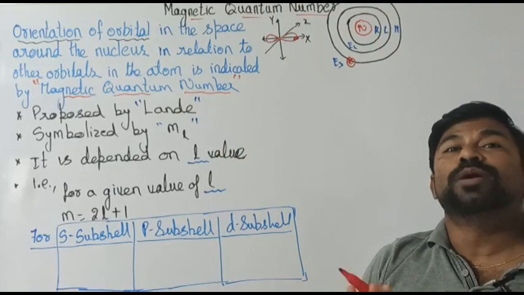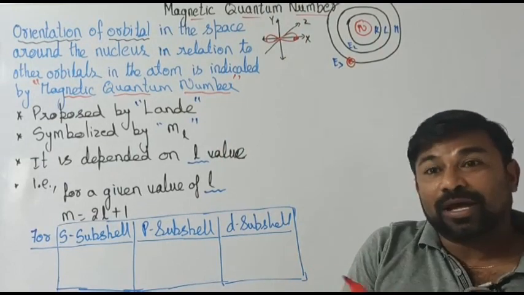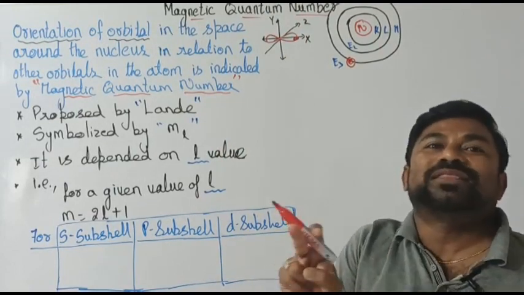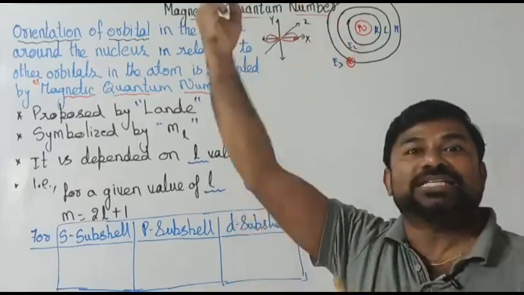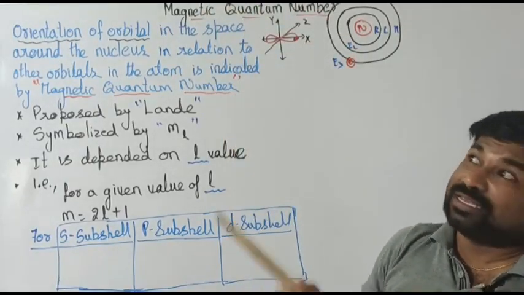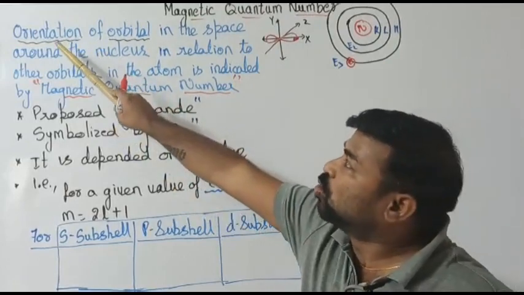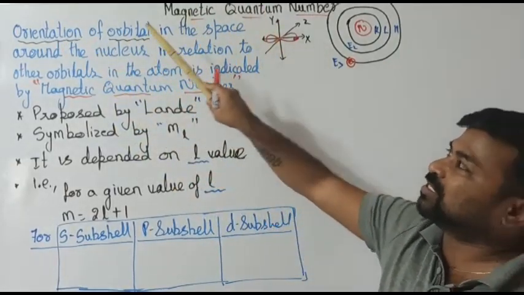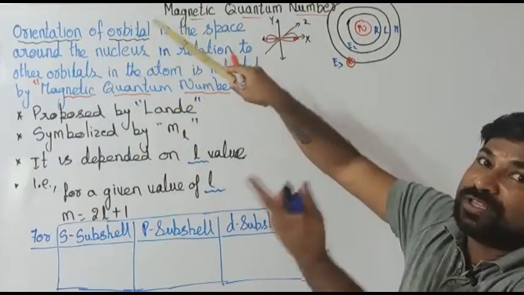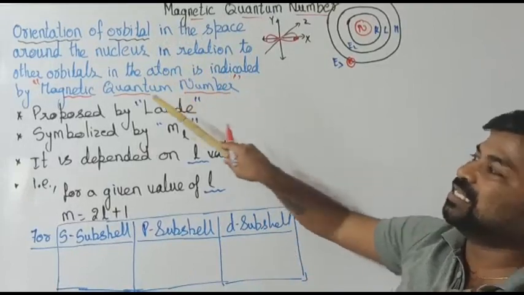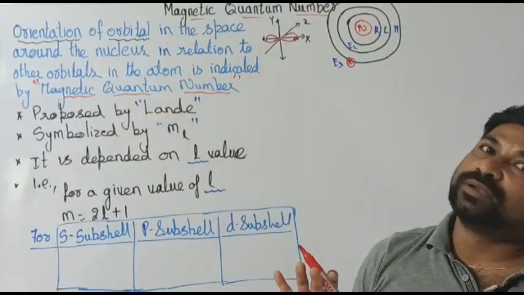Orientation means movement of the electrons in accordance with any axis in relation with the other axes, here y and z. So the orientation of the orbital in the space around the nucleus in relation with the other orbitals in an atom is indicated by the magnetic quantum number.